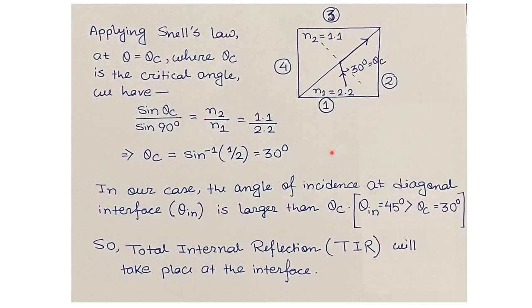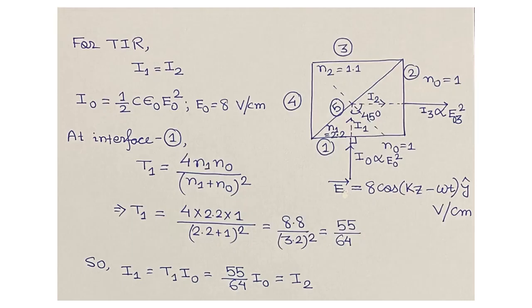And we have seen earlier that the angle of incidence at this interface is 45 degrees. So in our case, the angle of incidence at the diagonal interface is larger than theta c, which is 30 degrees. So for sure, total internal reflection will take place at the interface. As total internal reflection is taking place at the diagonal interface, the intensity of the incident EM wave on this interface, I1, will be equal to the intensity of the EM wave after getting reflected from the interface, that is I2.